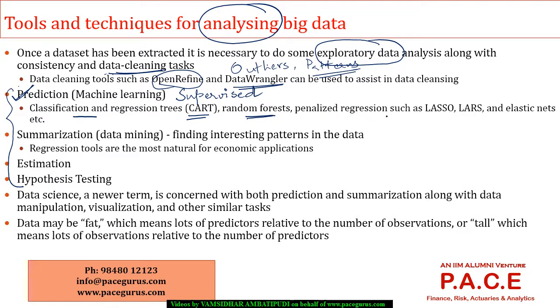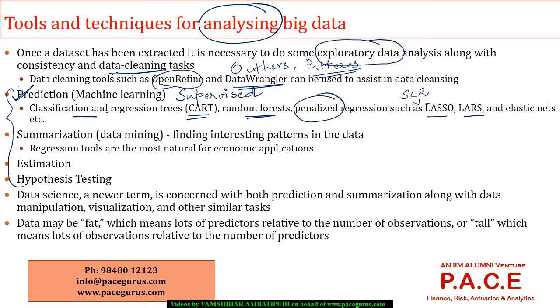Then we have various regression methods, which are simple linear regression, or even non-linear regressions like penalized regressions. We have lasso, we have LARS. Again, I don't want to go into each of these techniques, because here the intention is to understand big data and how the whole analysis of big data can be performed.